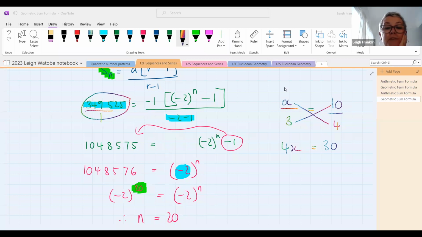Remember the 1's got to go over to the other side. Yes, Lebogang. You lost me from where we got 1,048,575. Do you mind explaining again?